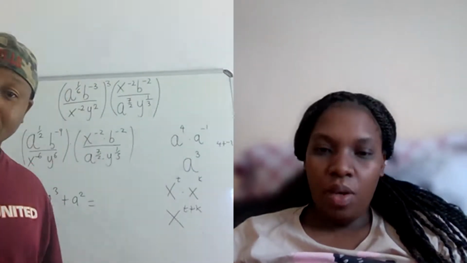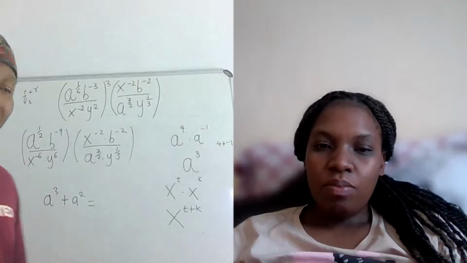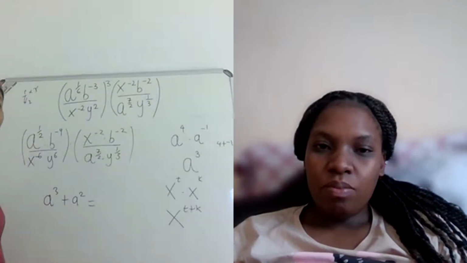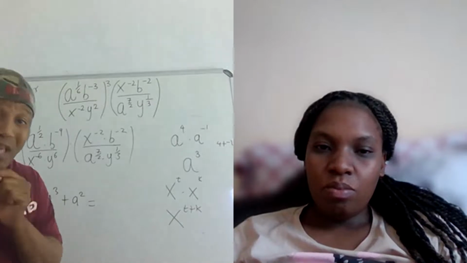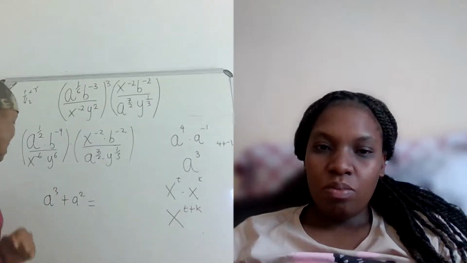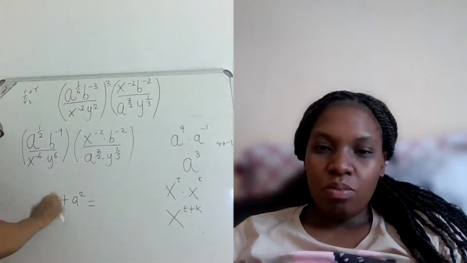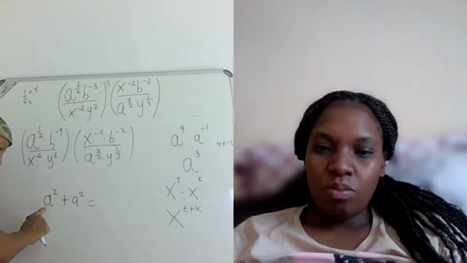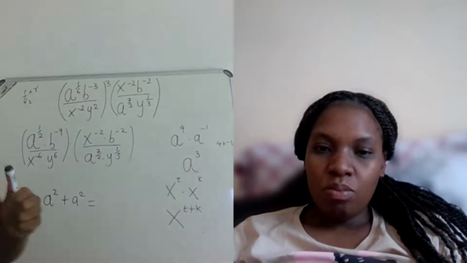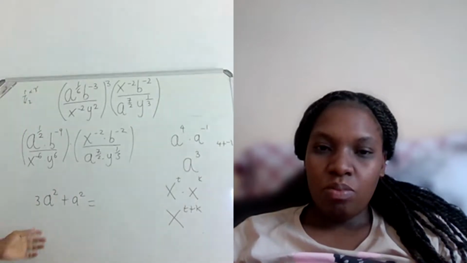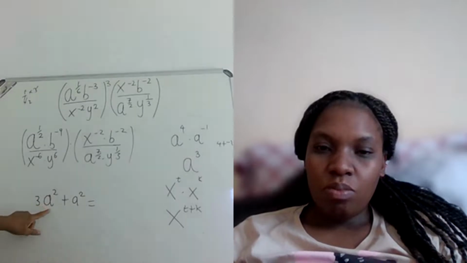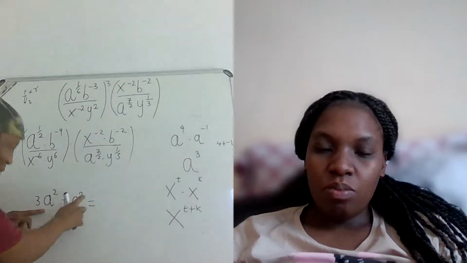Okay? However, can you put this together? No, you cannot put them together. However, in which situation can you put them together? For example, if this is the same base and the same power, you can add them. You know how you can add them? Because these are like terms. It's like having 3 oranges, because they're like, you see, a power 2, a power 2.